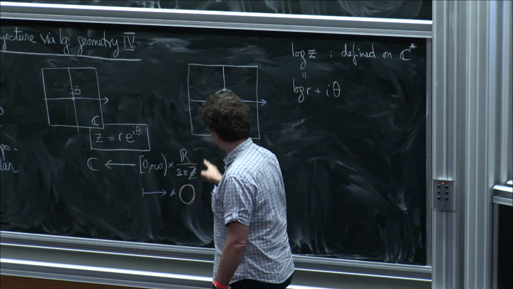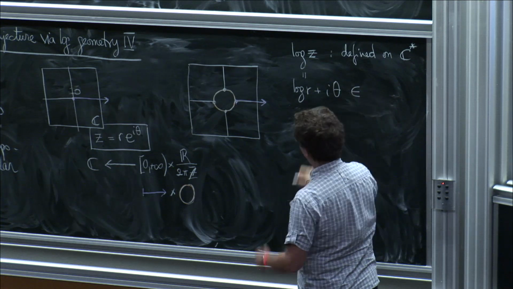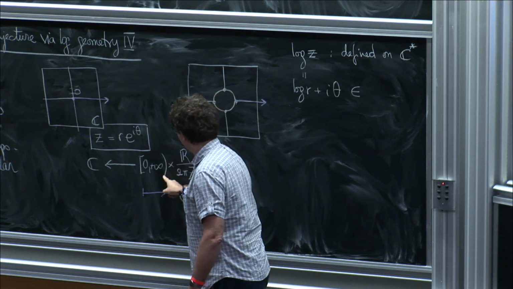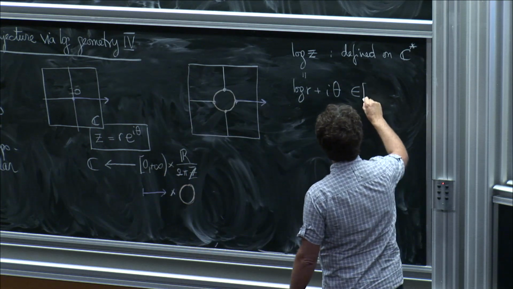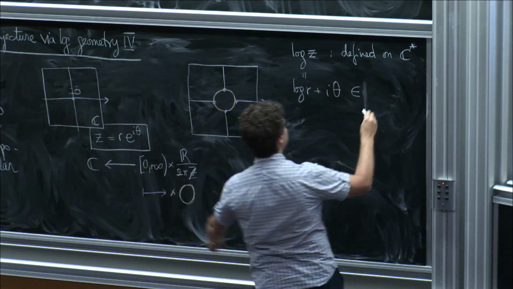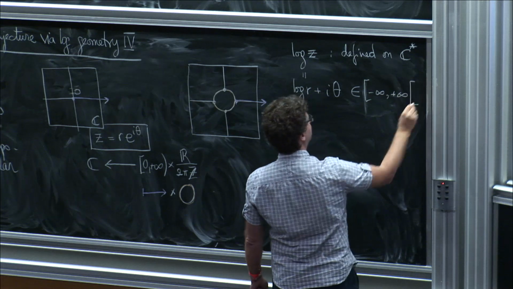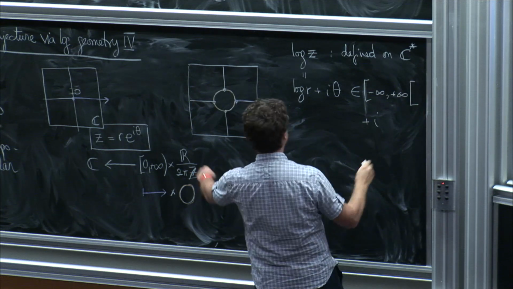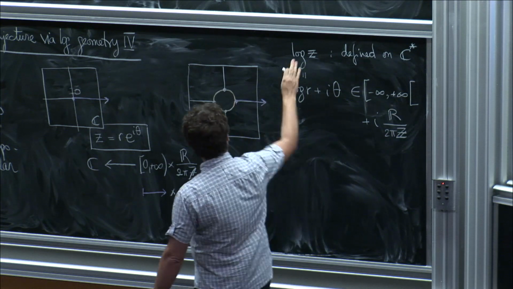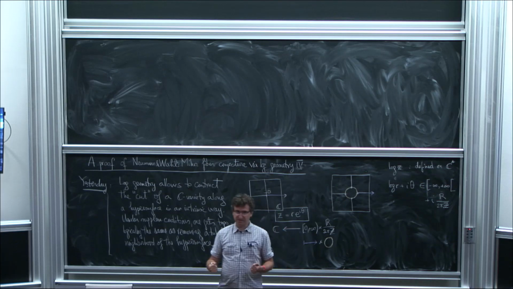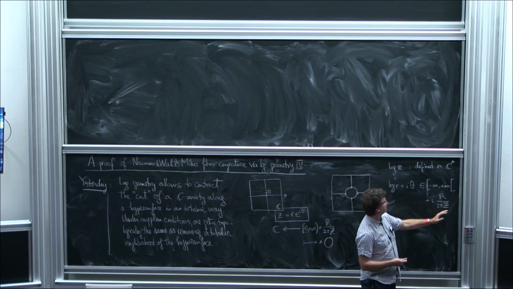And because we said that θ belongs to this circle, this logarithm belongs exactly, in fact, not to the Cartesian product here, but to the half line minus infinity to plus infinity, plus i times this circle. So you see the logarithm is well defined. Seen in this way, it is not multi-valued if we decide to put the imaginary part in a circle.